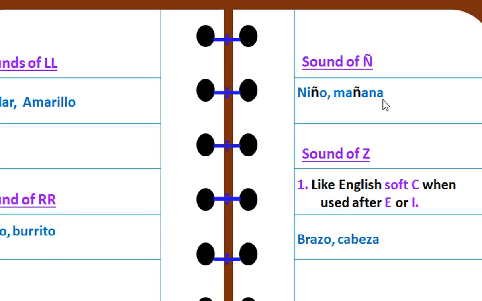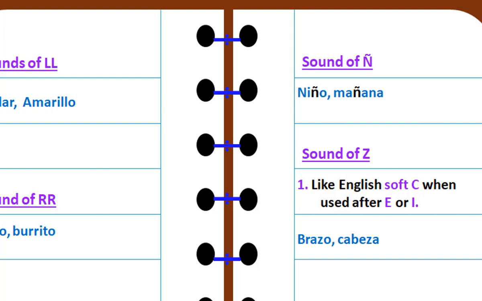Then there's the sound of zeta. It sounds like the English soft C when it is used after E or I. So we have this 2-syllable word, brazo, which means arm.